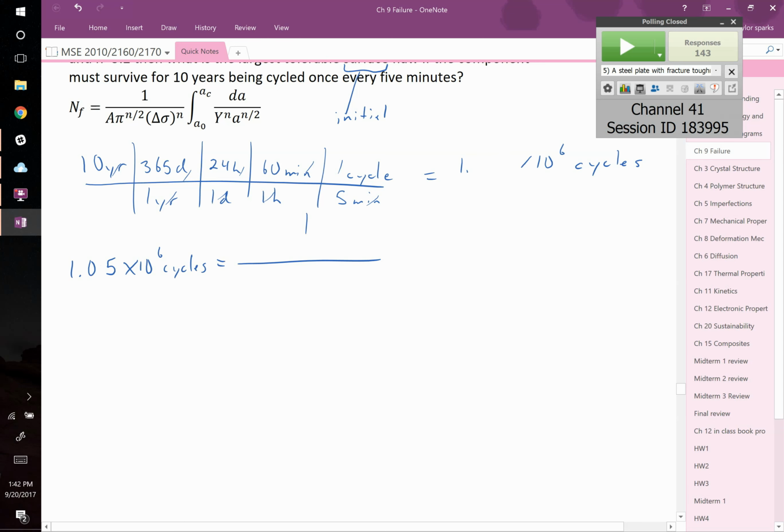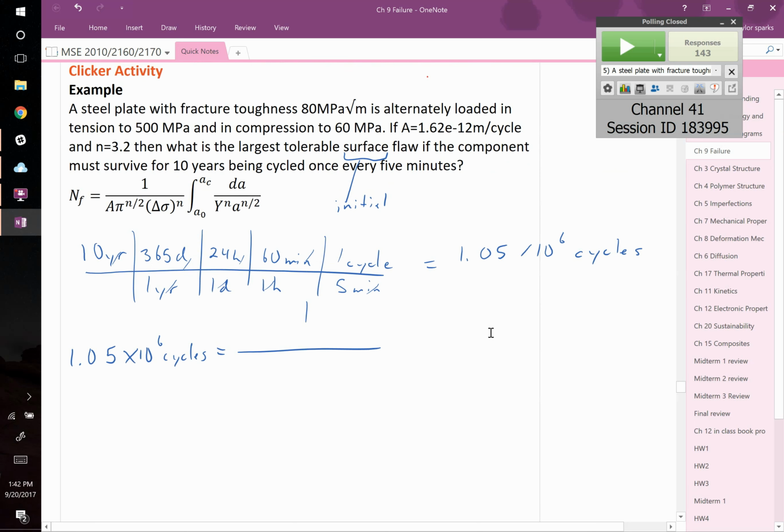Sorry, 1.05. Okay, so it's 1 million cycles. We plug in A, right? A is equal to, in this case, 1.62 times 10 to the negative 12th meters per cycle. So let's do 1.62 times 10 to the negative 12th. That's going to be multiplied by pi to the n over 2. N is 3.2. Divide that by 2 and it's 1.6.